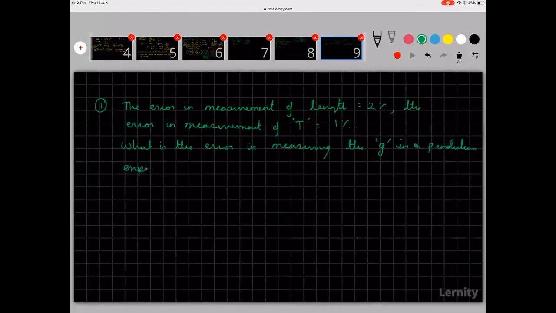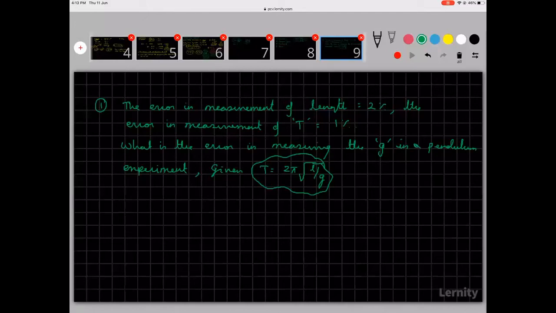In a pendulum experiment, given time period t is equal to 2 pi root over of L by G. Tell me what is the error in the gravity of the given pendulum?